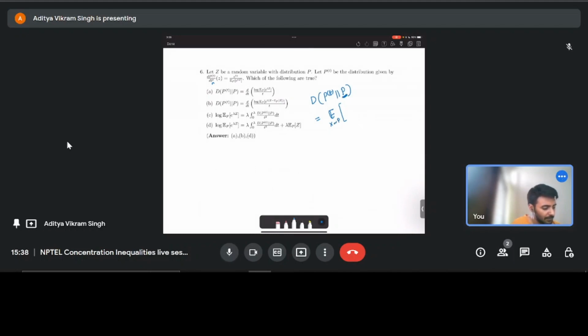So we'll just write this as, let's take Z coming from P, dPT by dP of Z into log dPT by dP of Z.